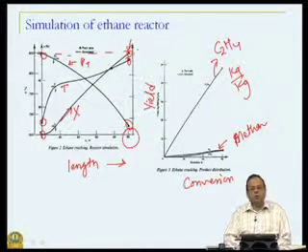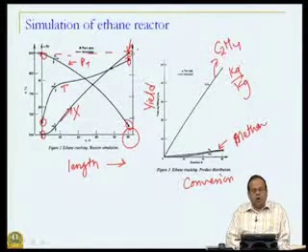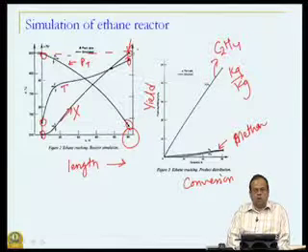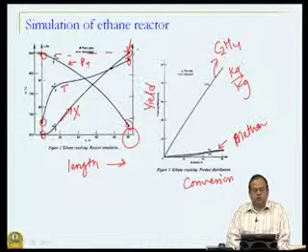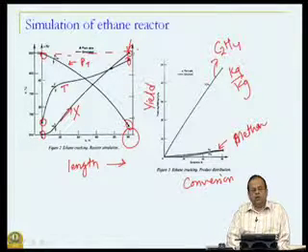This example illustrates how we use thermodynamic information: because there is an increase in the number of moles, we have to have low pressures and inerts to achieve higher equilibrium conversions. We also saw that it is an endothermic reaction, so increasing temperature profiles is desirable.